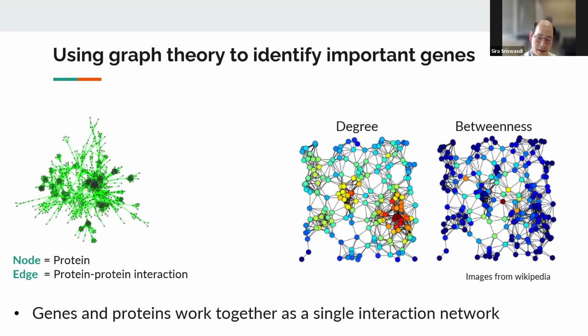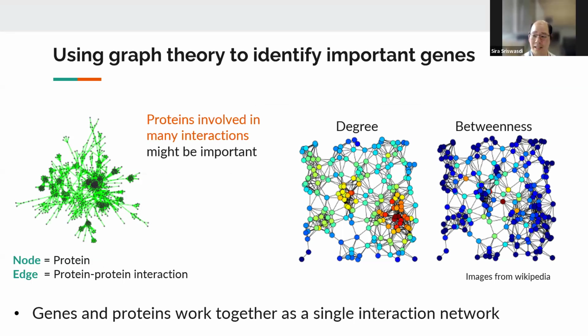In one of the lectures, we will learn about what's called a network or graph, where we connect genes and proteins together if they are interacting inside the cells. And from this representation as a graph, as a network, we can make a lot of interpretation, like which protein is important.